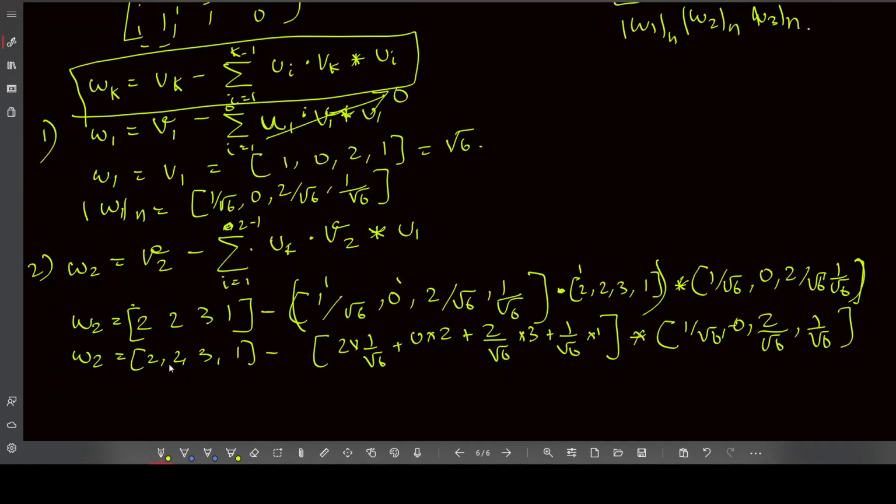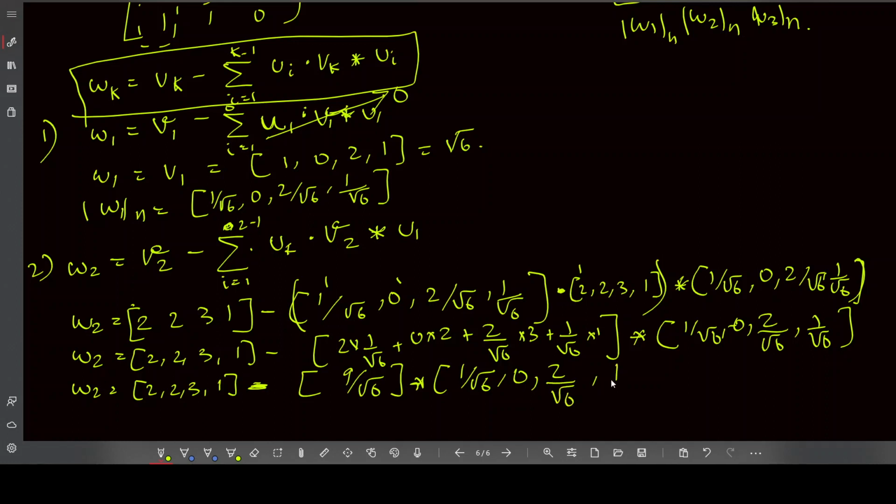Okay. So this is basically W2 equal to 2, comma 2, comma 3, comma 1 minus, this is 6 plus 2, 8 plus 1, 9 by under root 6 into 1 by under root 6, comma 0, comma 2 by under root 6, comma 1 by under root 6.